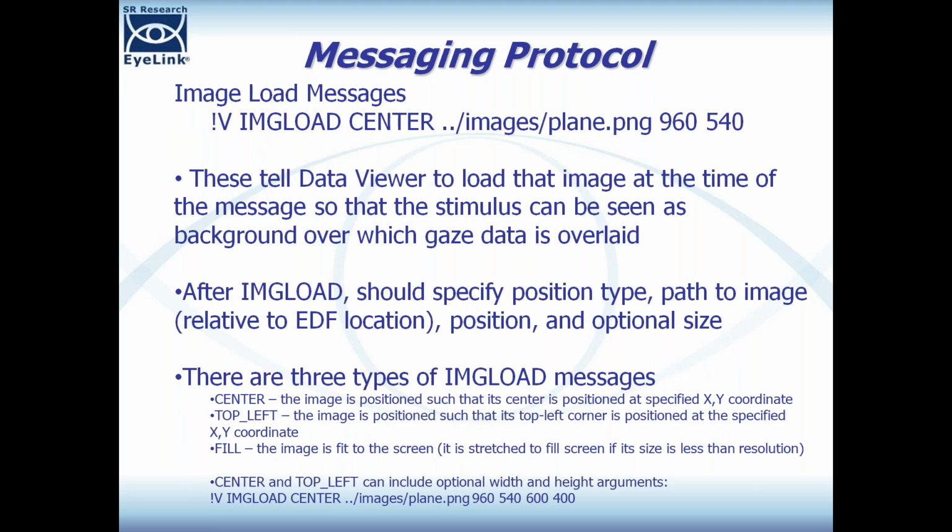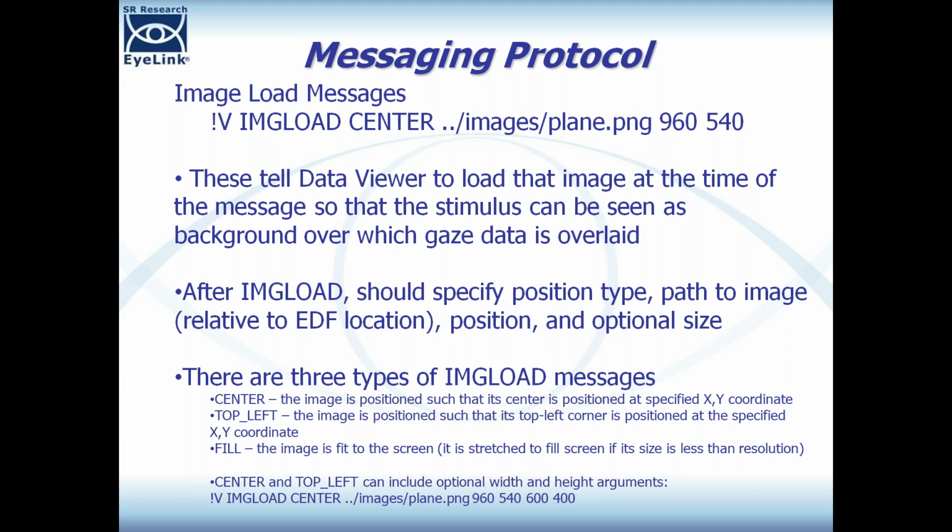The next type of message is called an image load message. And this is a critical message. This is what allows you to see the experimental stimuli in Data Viewer as a background over which the gaze data will be overlaid.